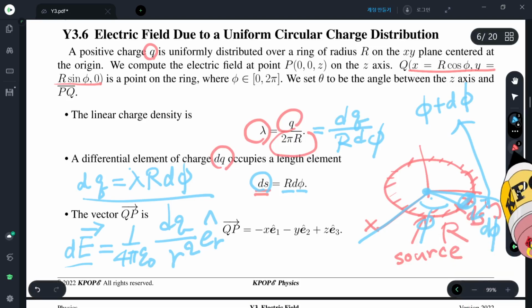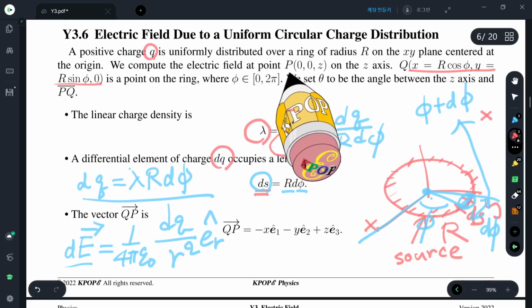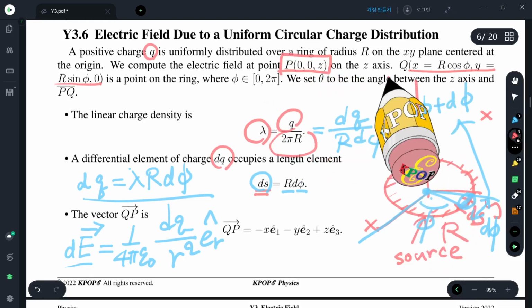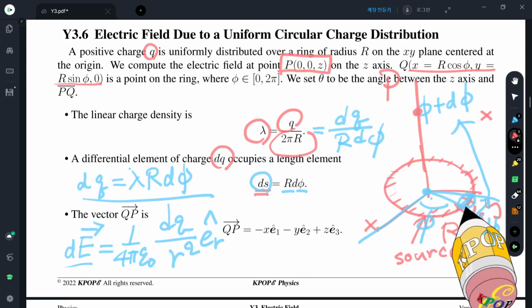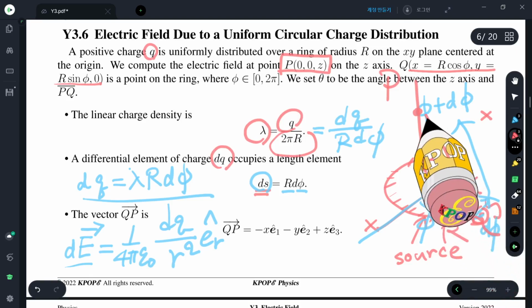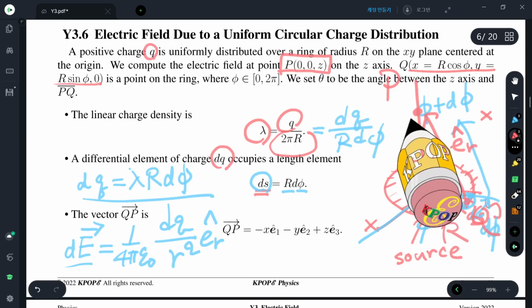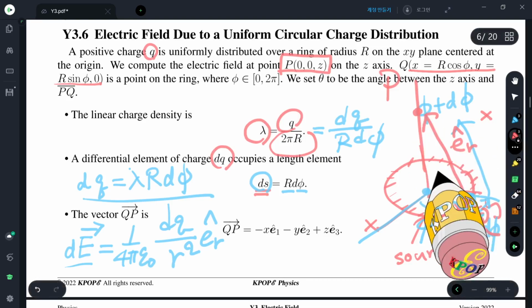If we choose a field point, here we have chosen a field point P to be on the z-axis. So P is here and point Q is here, and the radial direction is along this direction from source to field point.